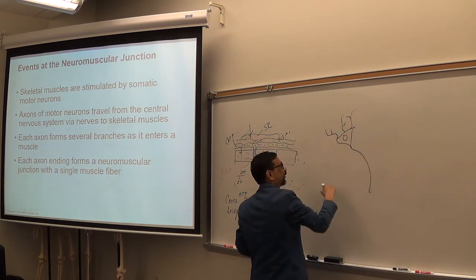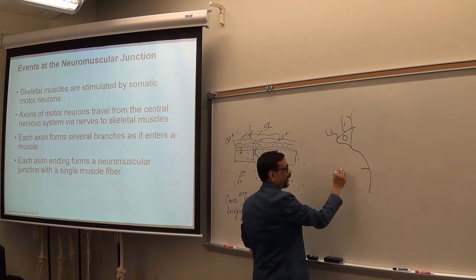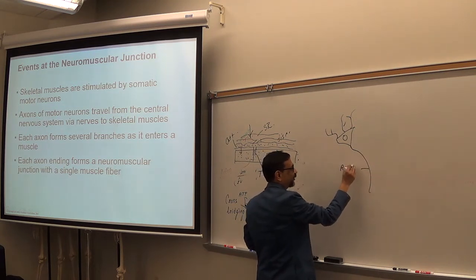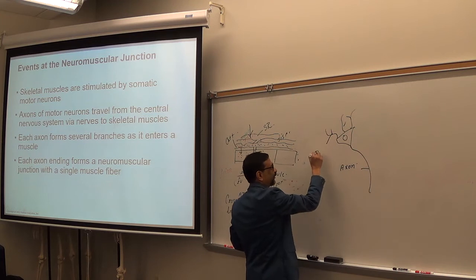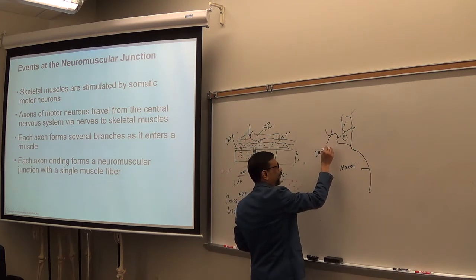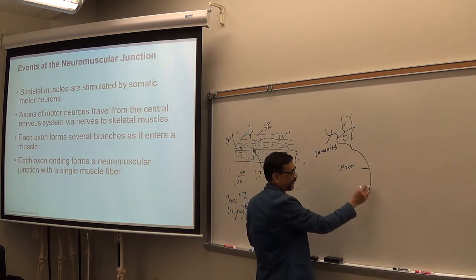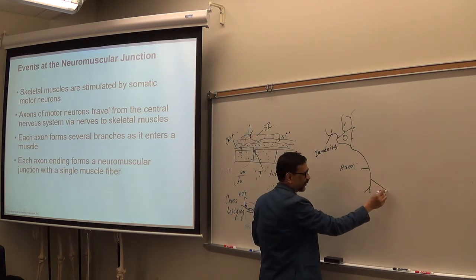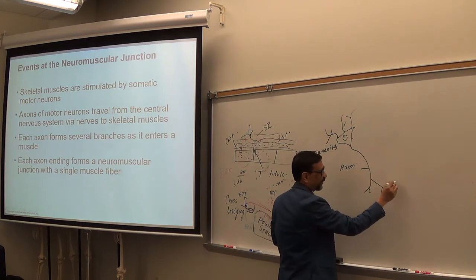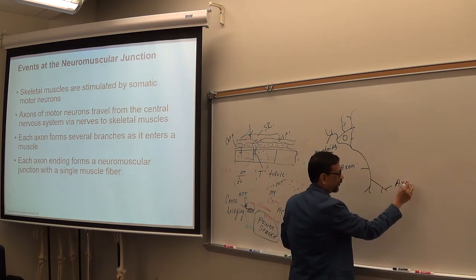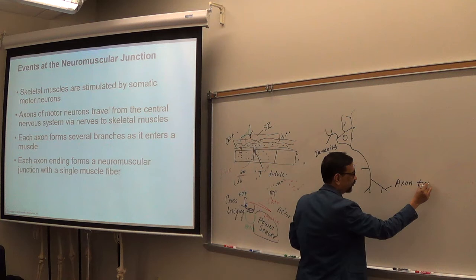Okay. So, this is called the axon. Remember that? These are what? Dendrites. Very good. Cell body. So, at the end of the axon, you have the axon terminal.